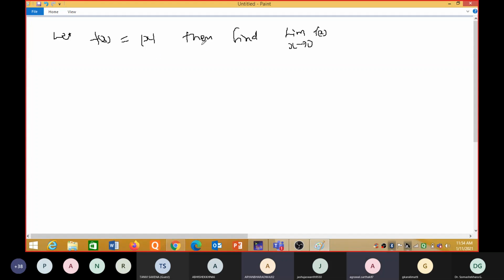The limit exists when the left hand limit is finite, the right hand limit is also finite, and both are equal. In that case, we can say the limit exists for the given function. Otherwise, we can't say. You already saw the previous examples. In one example, it is oscillating between -1 and +1. In another example, the left hand limit is 0 and the right hand limit is 1.